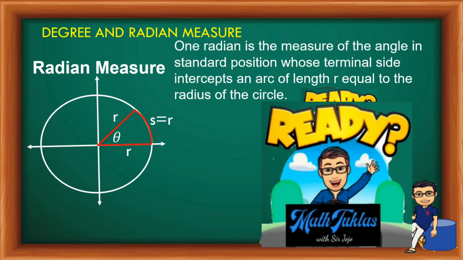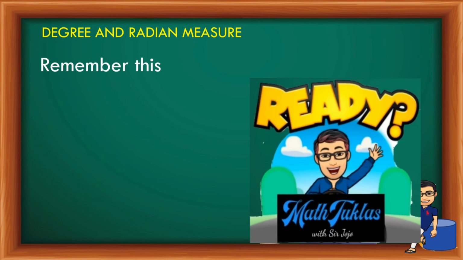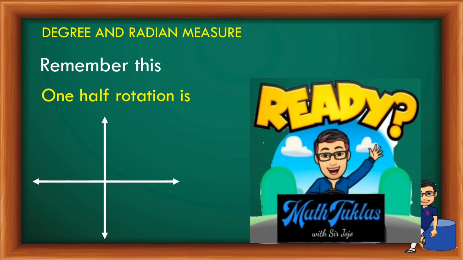So, let us just continue knowing about that. So, remember this thing. So, 1/2 rotation, it is equivalent to what? Alamin muna natin, ito yung 1/2 rotation. From the initial side, it moves in that direction. So, at yan ay 180 degrees. So, 180 degrees kapag 1/2 rotation, which is equivalent to pi.